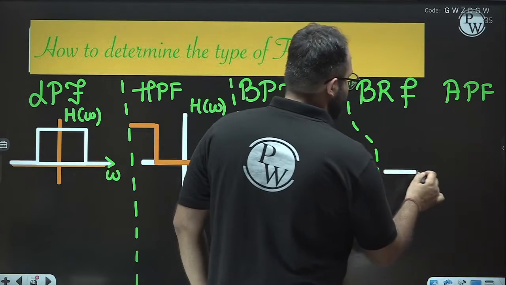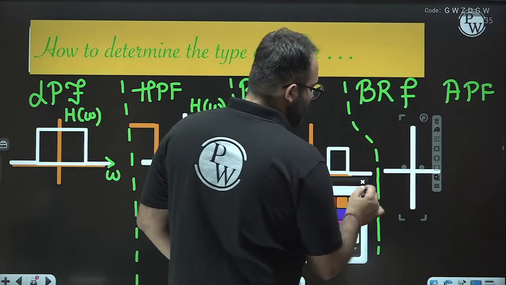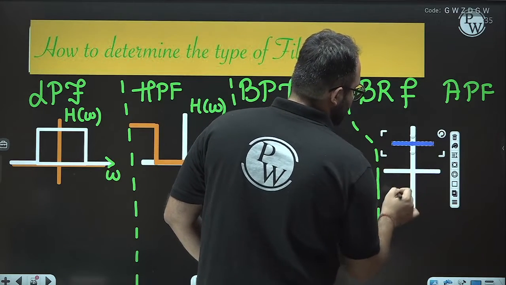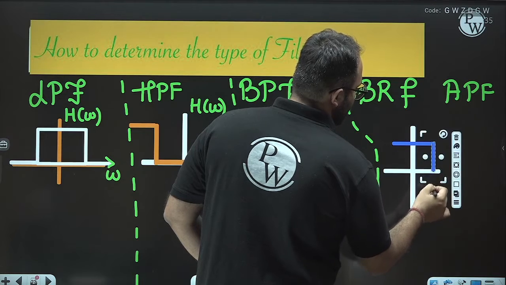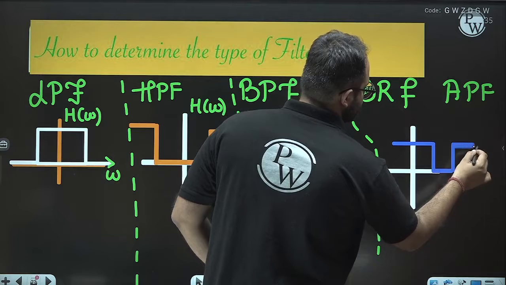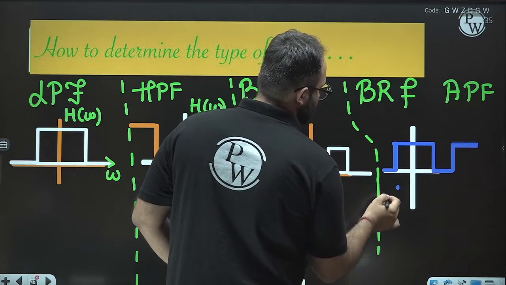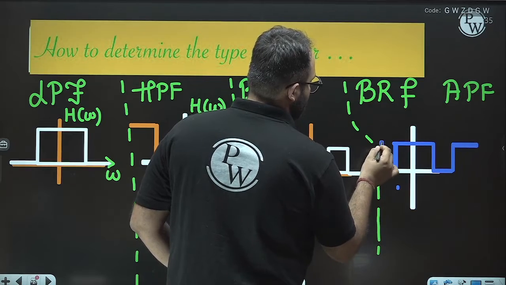Band reject filter will be non-zero for a major range of the frequencies, means it is generally non-zero, but it is 0 for some frequencies only. It is like this.